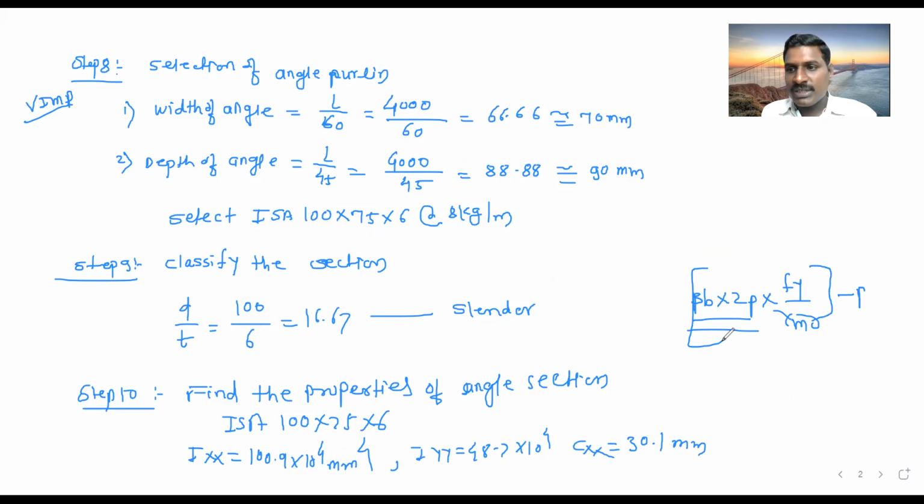Please write this down in the procedure. This formula we have to use if plastic or compact classification is there. The same formula we have to use in the beam also, for plastic and compact. And ZE into Fy divided by gamma m naught, this formula is for slender.